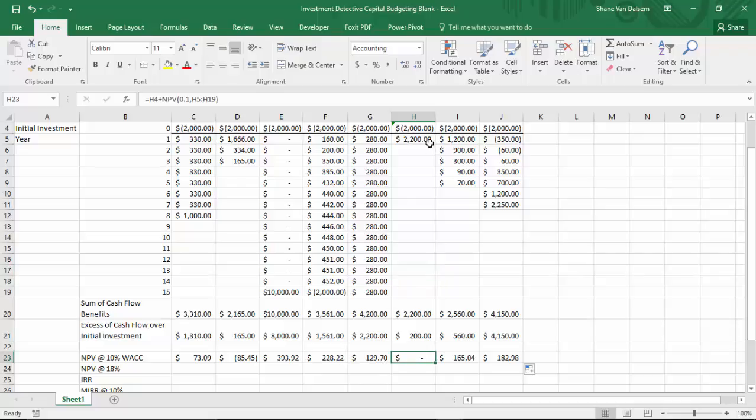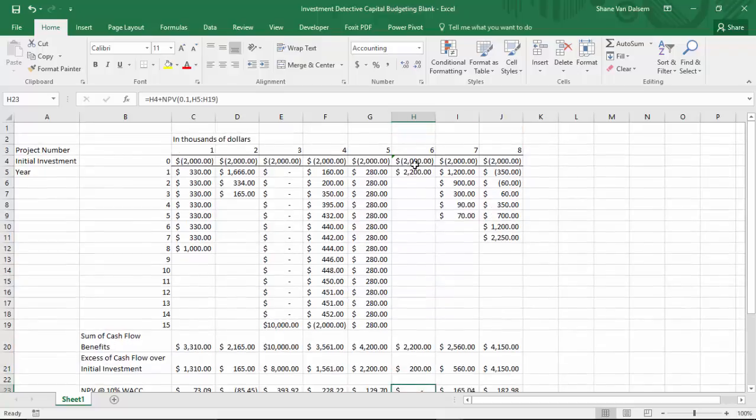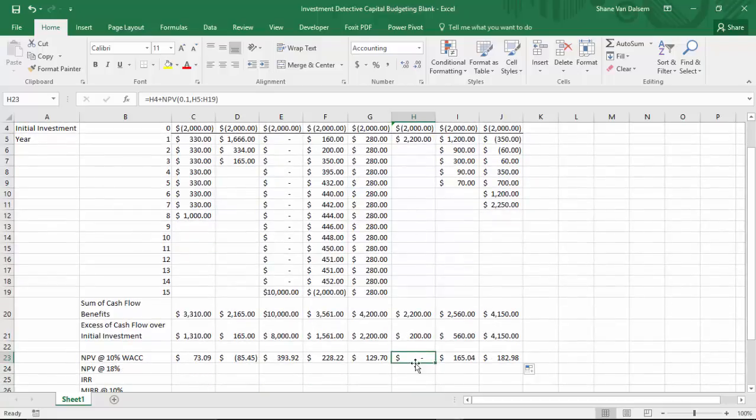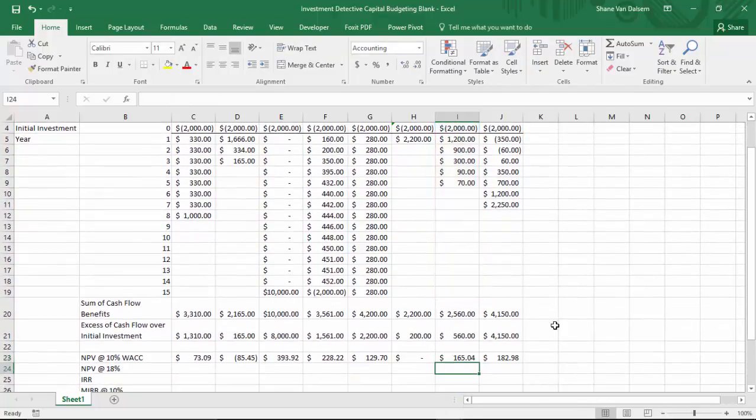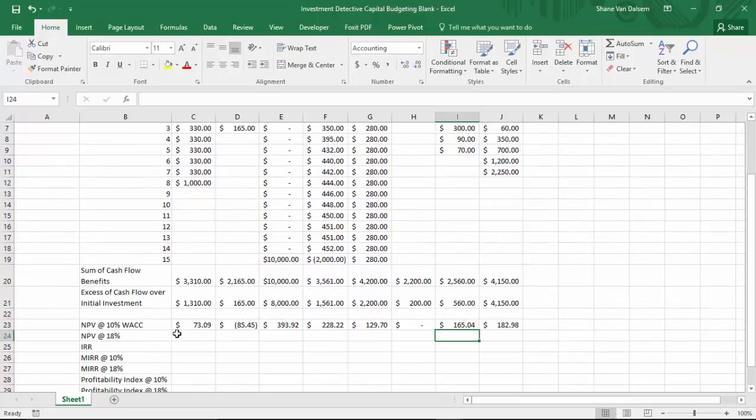This is a nice little check. If we discounted 2,200 back at 10%, it would be equal to $2,000 the year before. So our NPV is equal to 0. 165.04 for project number 7. And then finally 182.98 for project number 8.